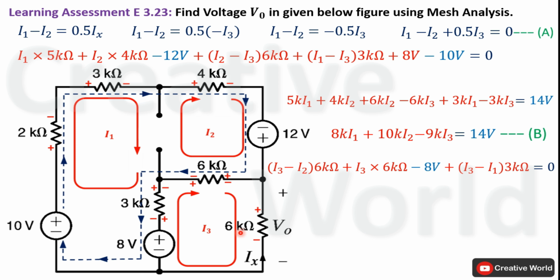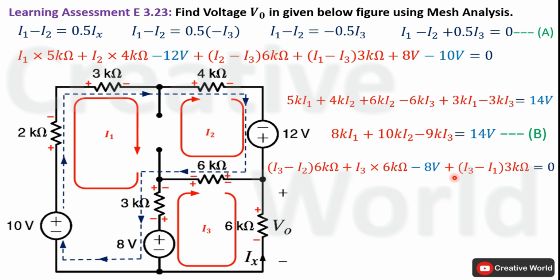Voltage across this 6 kilo ohm resistance will be equal to the product of current I3 and 6 kilo ohm, and these will be taken with positive sign because current is entering from positive terminal. Next, current entering terminal is negative, so 8 volt will be taken with a negative sign. Next, current entering terminal is positive, and voltage across this 3 kilo ohm resistance will be equal to the difference of these two currents multiplied by its value, I3 minus I1 multiplied by 3 kilo ohm.